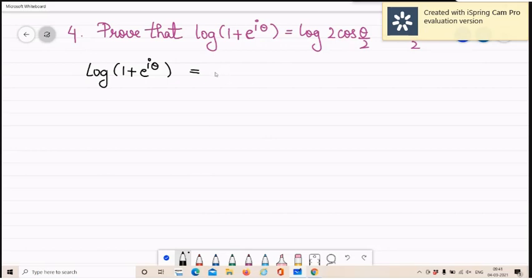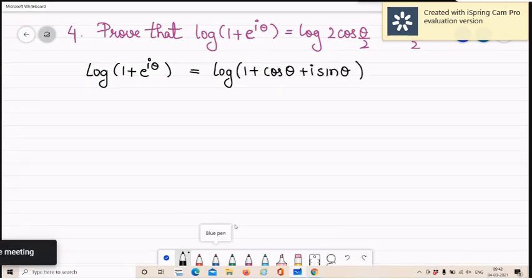So the immediate step is to apply e raised to i theta, that is cos theta plus i sin theta. Now what becomes the real part? This becomes the real part, and only this much is your imaginary part. Is that clear?